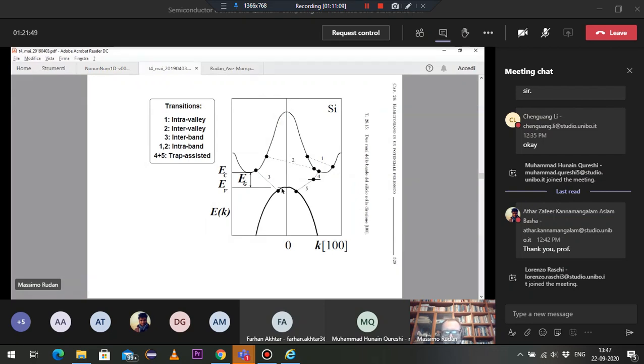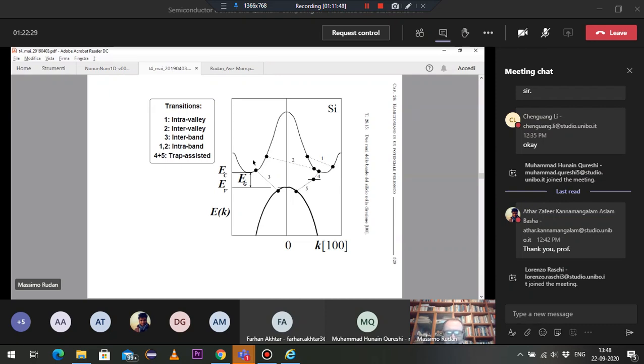Then we go to a transition like number 3, in which the initial and final states belong to two different bands, okay? So they are called, as you can see on the left, interband transitions, okay? They also take different names depending on the fact that the initial state can be in the valence band or in the conduction band.